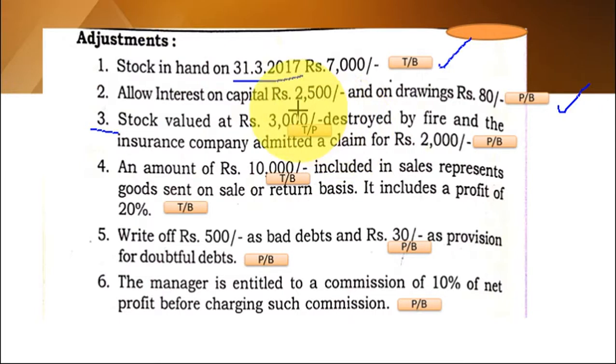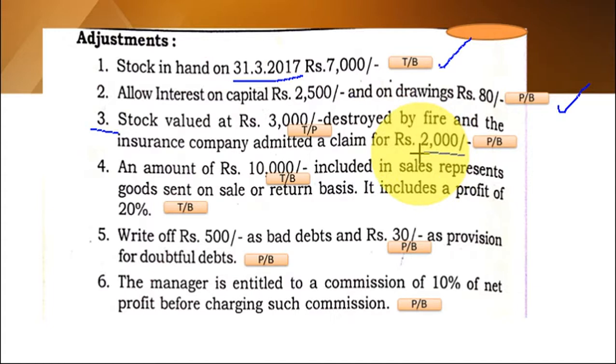So 3,000 will appear in the trading account and profit and loss account. The insurance company has to pay us rupees 2,000, so we have to receive 2,000 from the insurance company. So this is income to be received, income outstanding. So in the balance sheet it appears. So 2,000 should be written on the balance sheet. One more time we have to write in the profit and loss account.